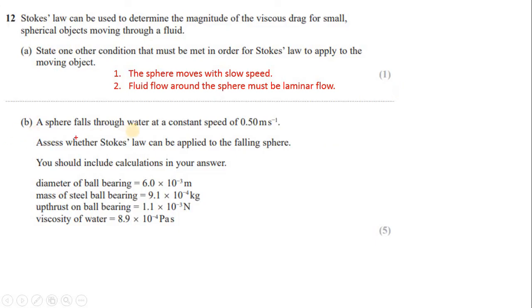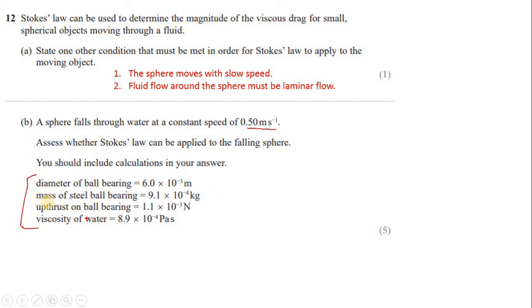A sphere falls through water at a constant speed of 0.5 meter per second. Assess whether Stokes law can be applied to the falling sphere. You should include calculation in your answer. Okay, so we need to check whether we can apply Stokes law in this scenario or not. So these are the values given.